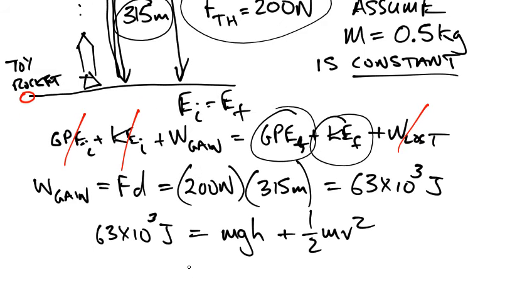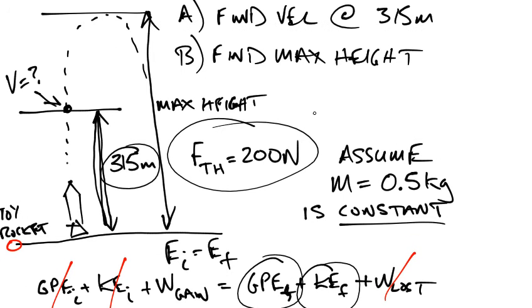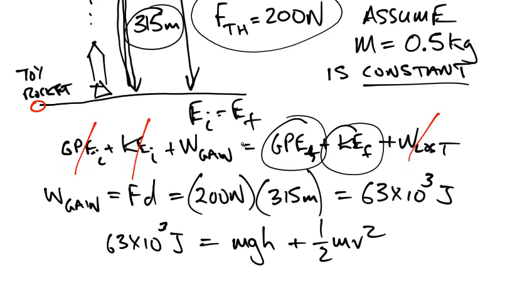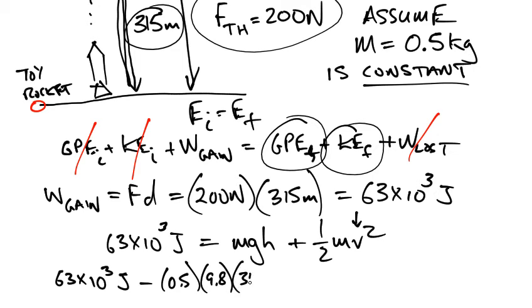So in order to find the velocity, and that's what we're doing for part A, find the velocity at 315 meters, we are going to solve for that velocity right there. The way we're going to do that, 63 times 10 to the power of 3 joules minus mgh being 0.5, 9.8, 315. Okay, I'm just leaving off the units there.